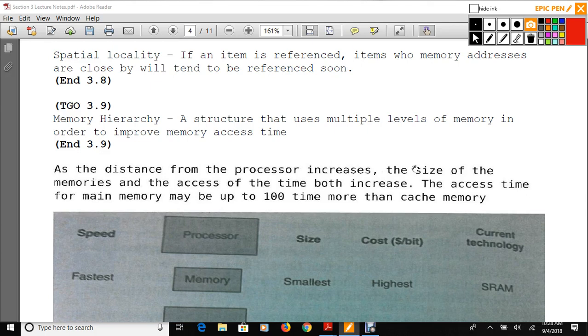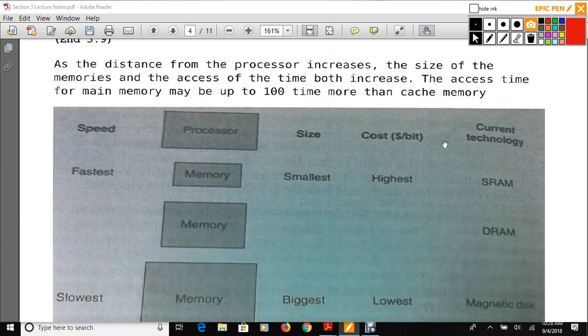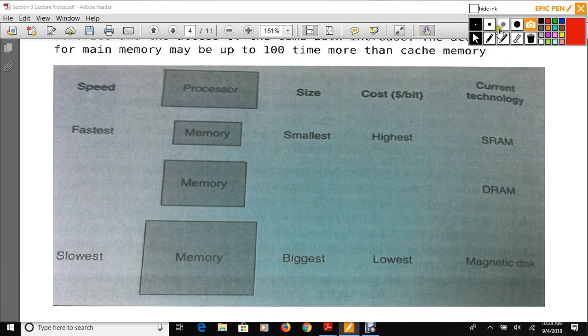So instead of just having to custom go register, level 3 cache, level 2 cache, I want to be able to cluster them effectively. And so what ends up happening is this main memory, because it's so slow, it can take up to 100 times longer than a typical cache. And so this diagram kind of shows the trade-off here. So here we have the processor, memory.